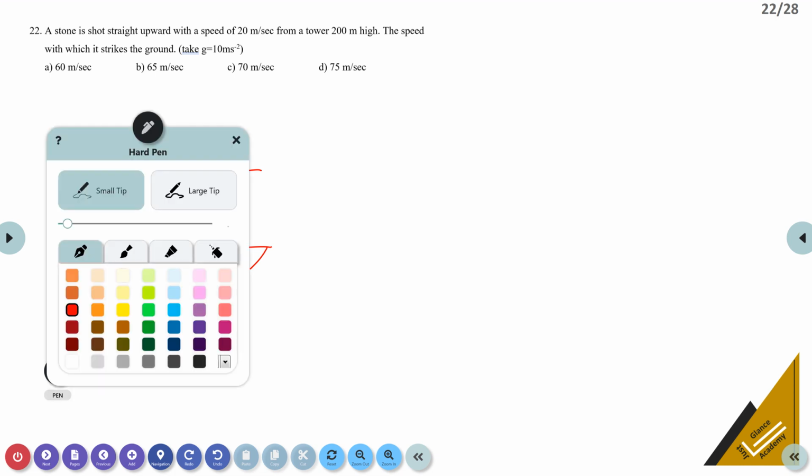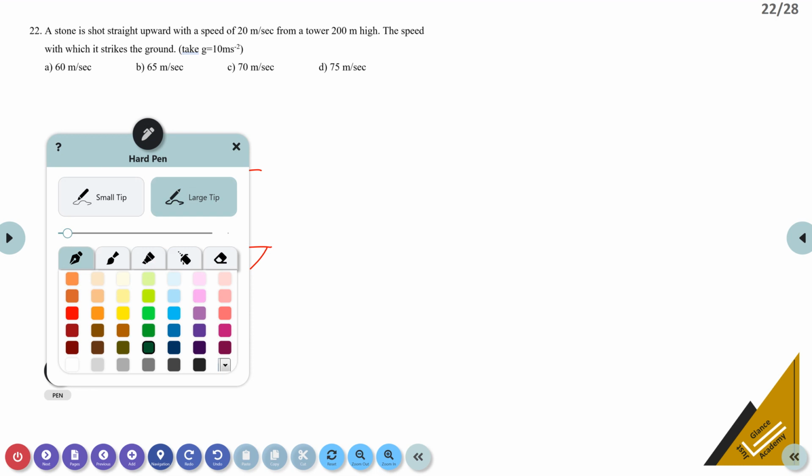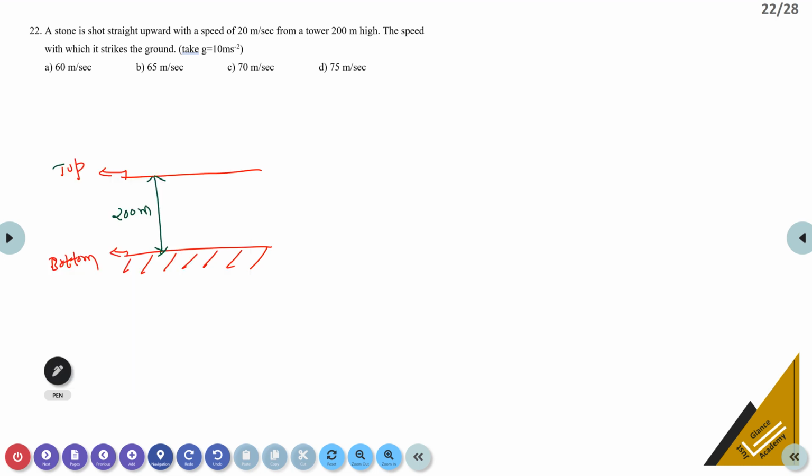Next. Now, here the stone is thrown like this, and then it reaches the ground. With what velocity? u equal to how much? 20 meters per second. He is asking for the speed. I told you such kind of problems.